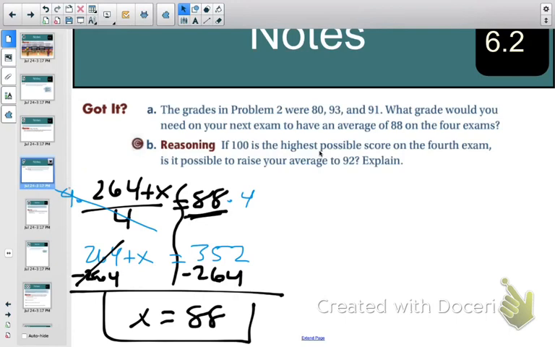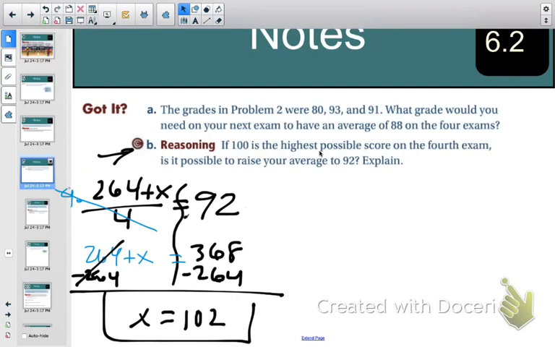If we look at part B here, it says if 100 is the highest possible score on the 4th exam, is it possible to raise your grade to 92? So if we change this to 92 now, that'll just change these two numbers. 92 times 4 is 368, minus 264 is 102.